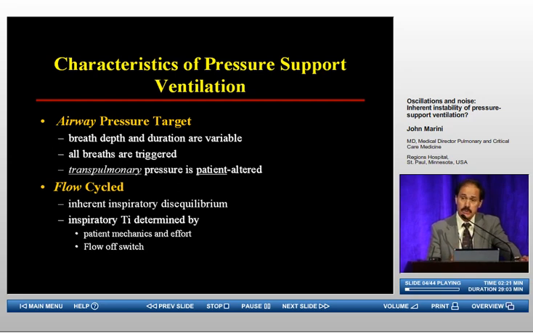It is a flow cycled mode of mechanical ventilation, and that's great because that allows the patient to adjust their breathing cycle. But it implies that there's inherent inspiratory disequilibrium between the applied airway pressure and the alveolar pressure. The inspiratory duration is determined by patient mechanics and effort and the setting of the flow off switch, and Bob has introduced that already.